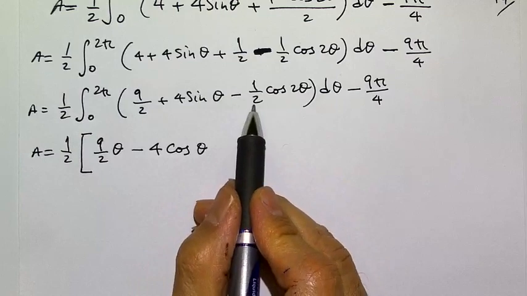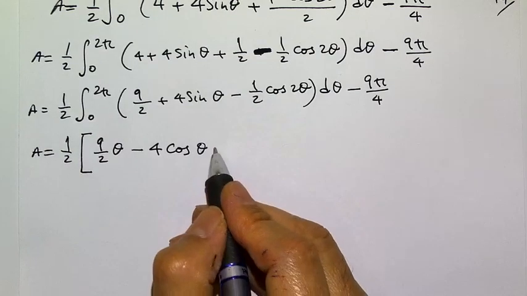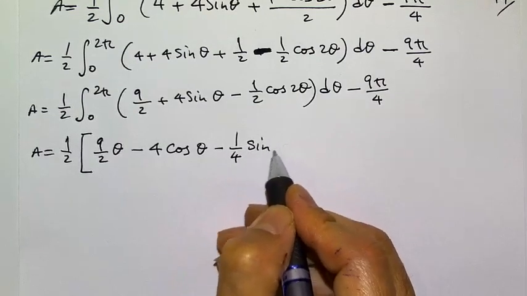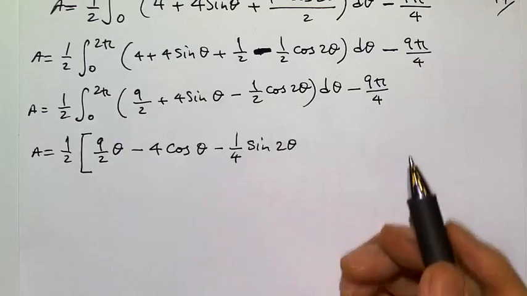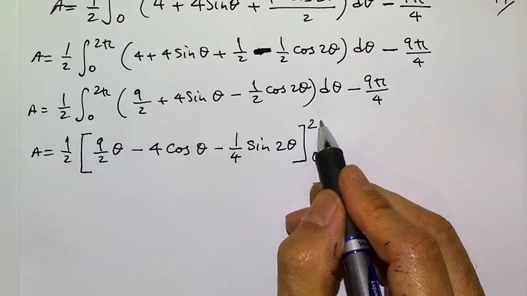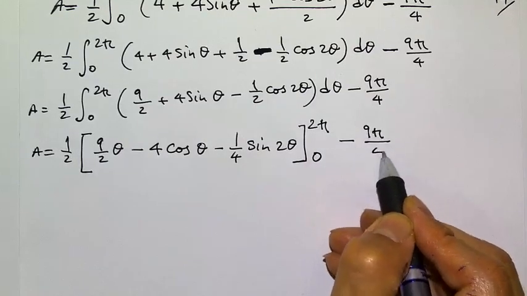And then, so this must have been sine 2 theta, and then minus 1 over 4 sine 2 theta would be the antiderivative of that, and that goes from 0 to 2 pi minus 9 pi over 4.